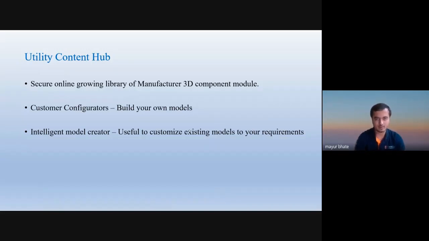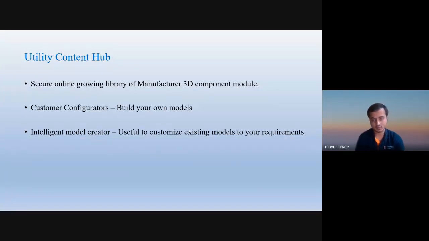It has a secure online library of manufacturer 3D component modules, or let's say 3D symbols, of the equipment that goes into the physical designing part of the substation. Currently, this Utility Content Hub consists of 10,000 plus 3D symbols and 2D symbols, and the user of this software has full access to use it anytime.